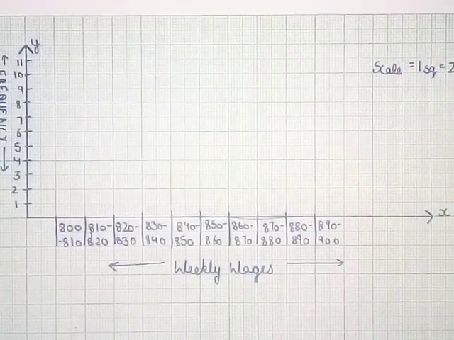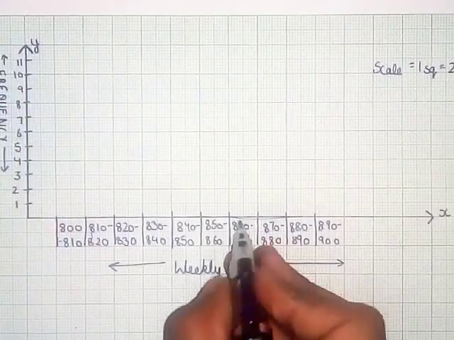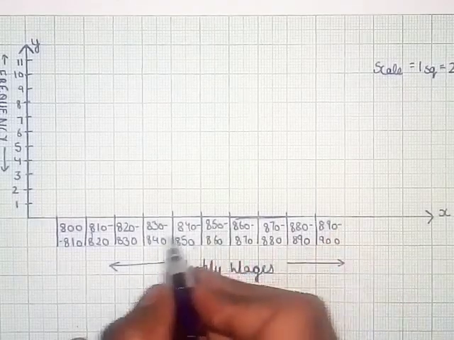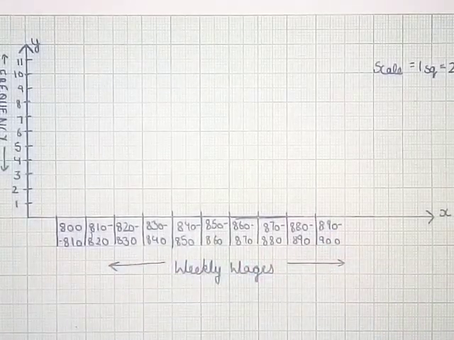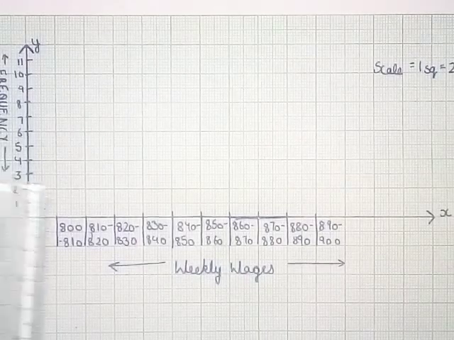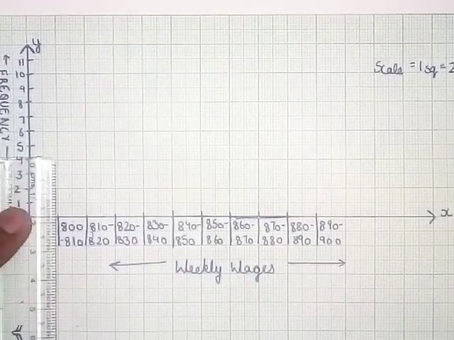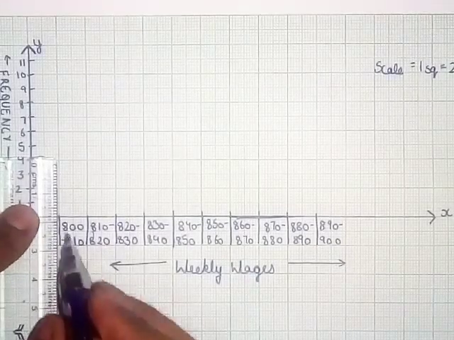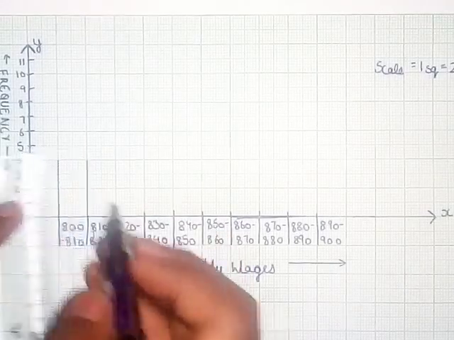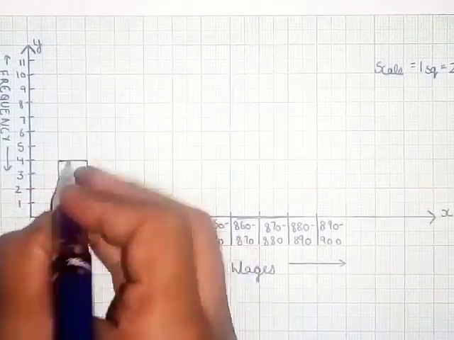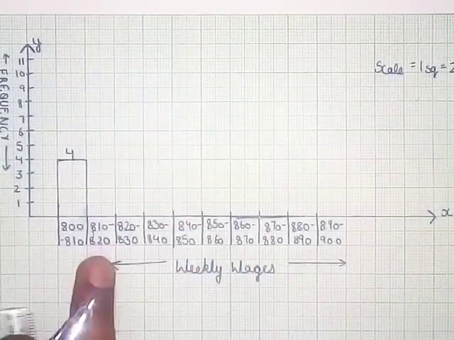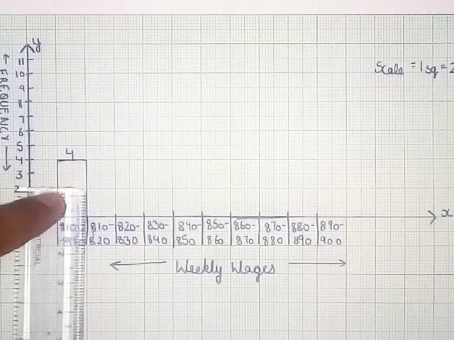Now we will make the histogram on these, and remember that the bars do not have gaps between them, and we have to make the bars with the scale. So let's make the bar for wages of 800 to 810, which is 4. Here we will write 4. 810 to 820, it is 2.